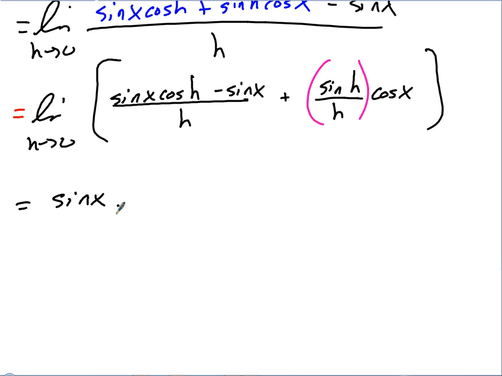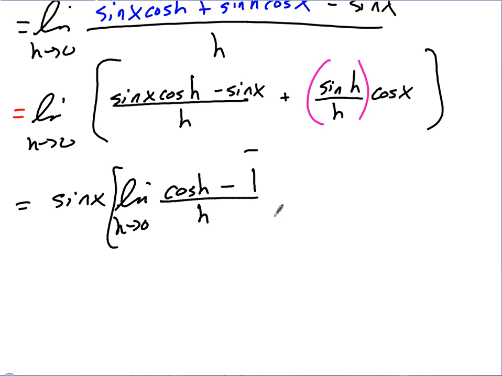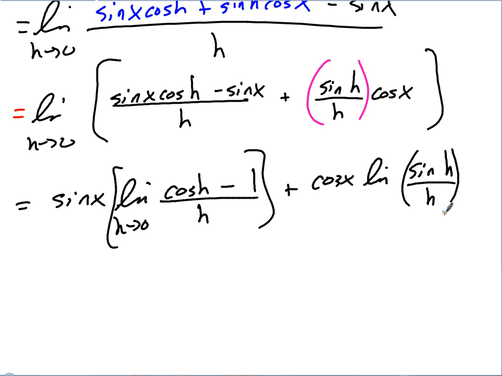So we've got sine x times the limit of cosine h minus 1 over h as h approaches 0, plus I can pull the cosine x out in front of this limit. I can split this into separate limits if I want to. Minus 1, yeah, there you go.